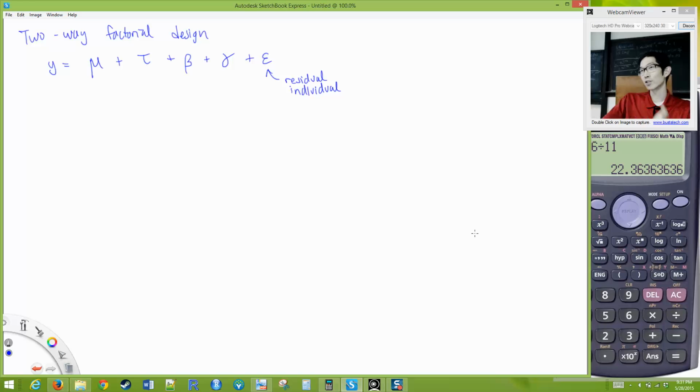So here, we still have the grand mean, and we have effect 1, effect 2, and we have an interaction effect.